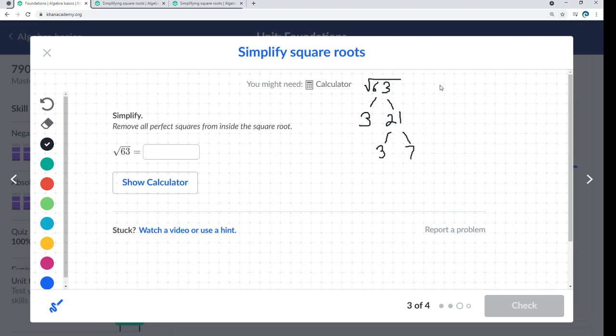So we have arrived here, which I think that they showed it as something like this, right? 3 times 3 times 7, which breaks out into square root of 3 squared, square root of 7, which so 3 squared is 9, and so that's 3 root 7. Is that it?